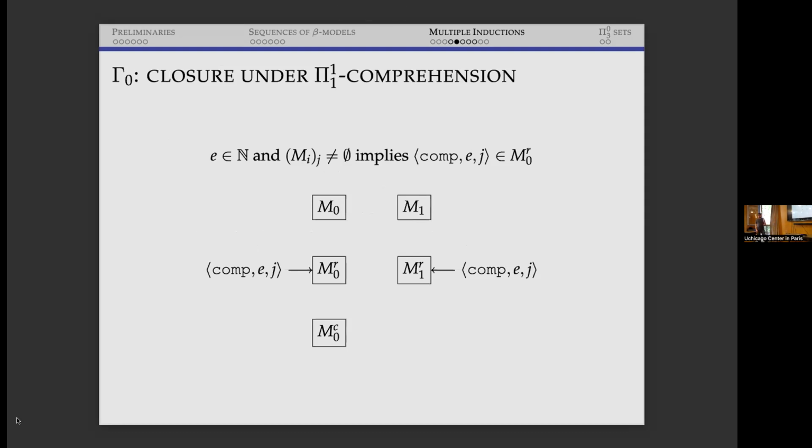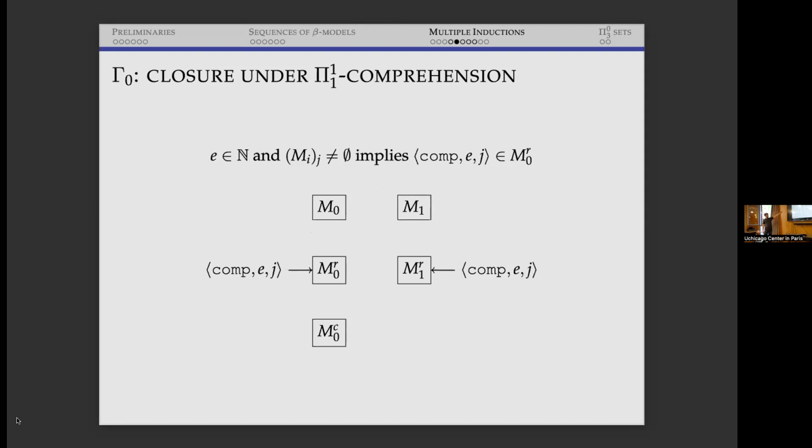So first, we're going to use three operators, gamma 0, gamma 1, and gamma 2. Gamma 0 is first going to give us closure under pi 1 comprehension, so that the models are beta models of the ground model.